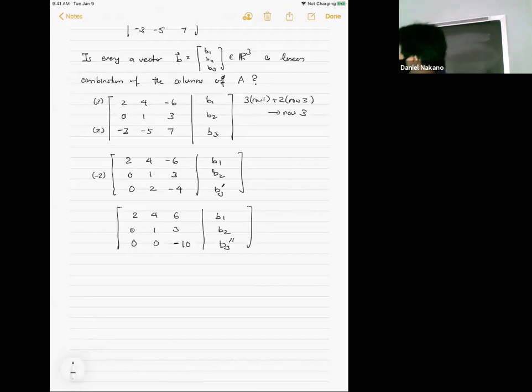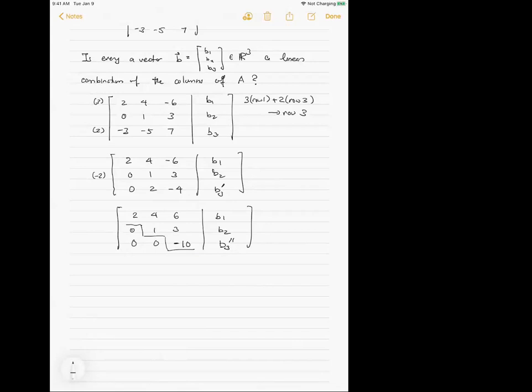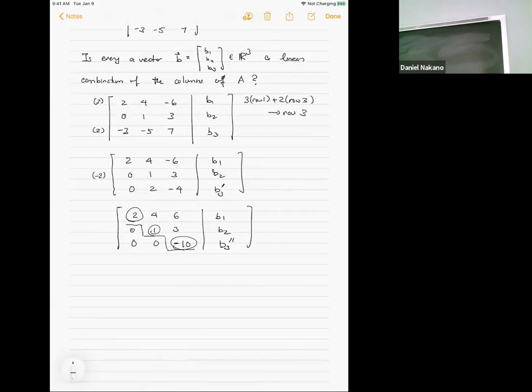Now, I think this is in your homework. I was actually helping a student today on this. So what do you notice about this matrix on the left-hand side? Yeah, it's in echelon form. But what do you notice about this here? These are the pivots, right? And so there's a pivot in every single column.